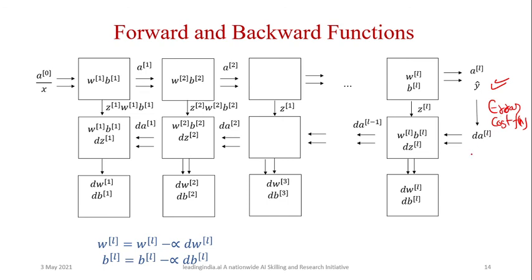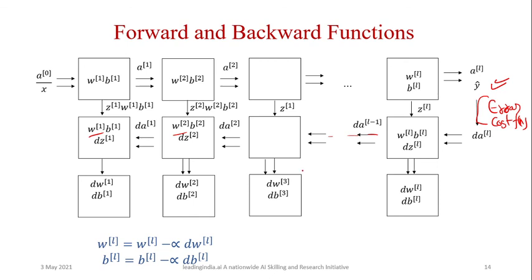Based on this error, we compute the derivatives and go back and update all the W values. So going forward, you find the output, and based on the output and the original value, you compute the loss, or cost, and then based on that cost you propagate back, compute the differentiation, or gradient, and based on that gradient you update W1, W2 and so on, whatever W's are available.